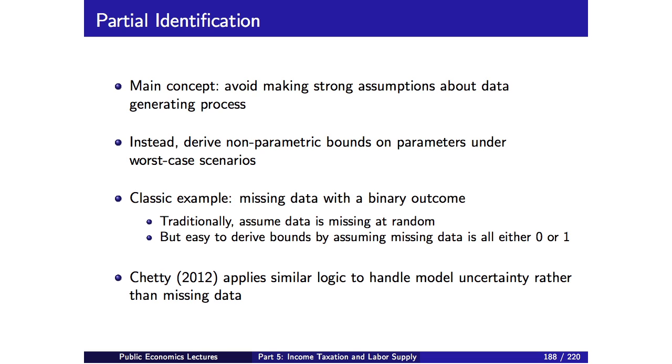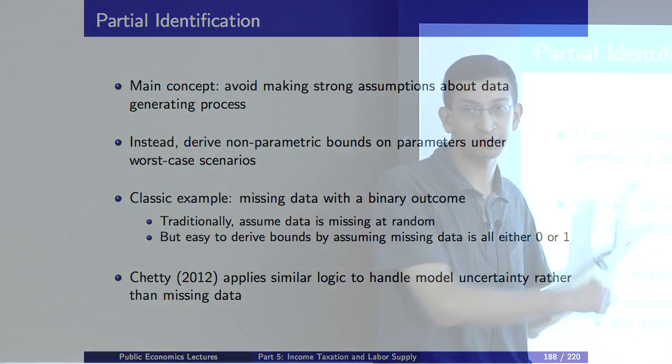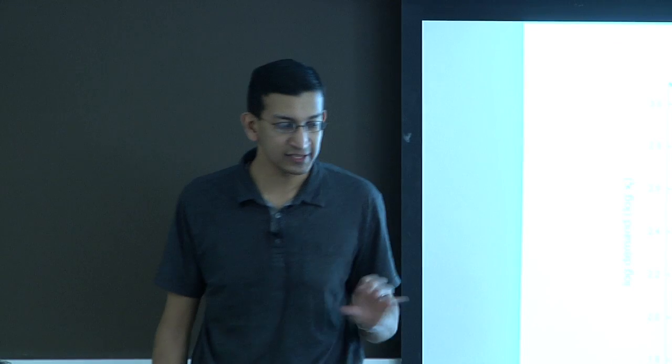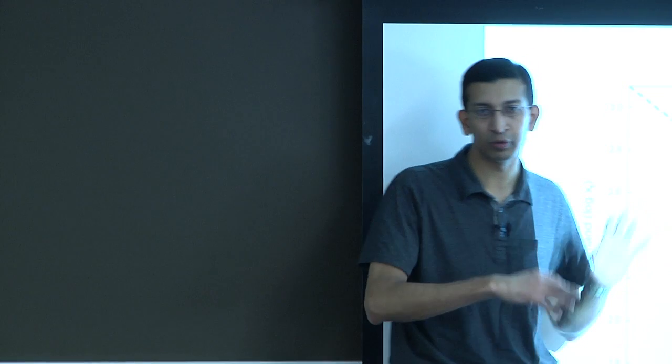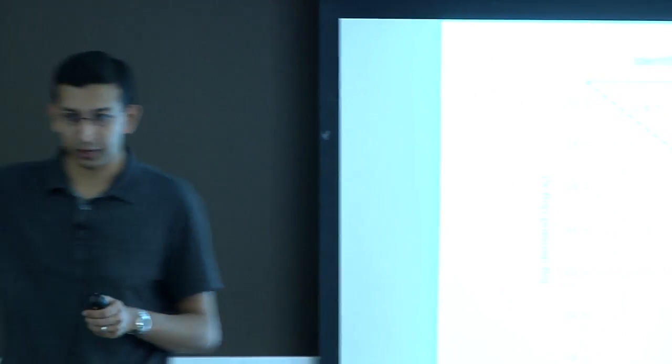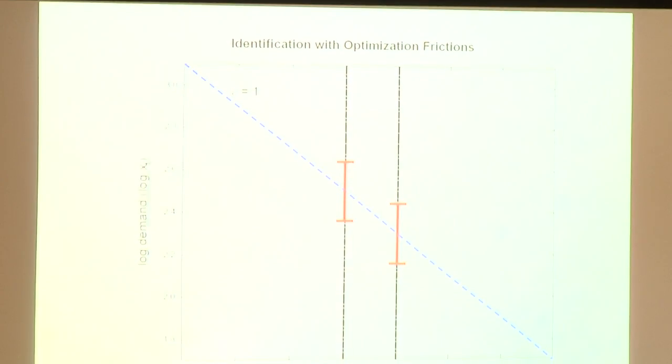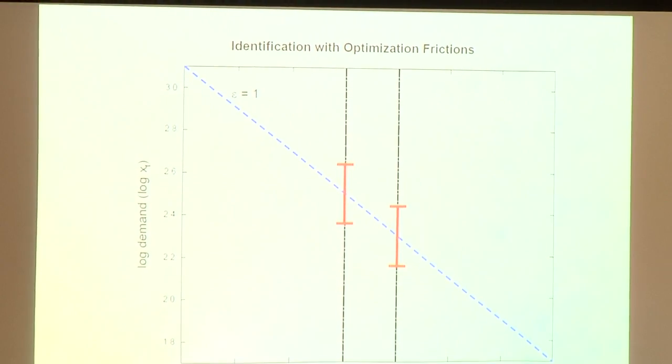What I do in this paper is apply a similar logic to handle model uncertainty rather than missing data, right? If you think about the problem we face here, I'm not interested in the issue that we might have statistical problems in estimating this elasticity. We do, and we talked a lot about that. But let's say we take that off the table and you've designed the ideal experiment where you have no missing data, where you estimate the epsilon hat perfectly.